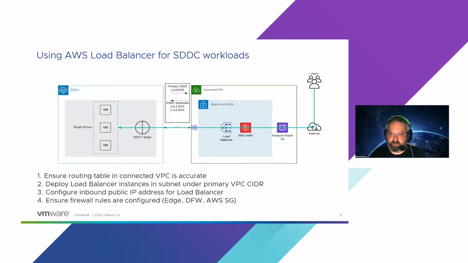So in this example, we have the WAF in front of the load balancer, and then we're using Route 53, which is Amazon's DNS service, which has lots of different functionality. So if you need DNS, you could use that as well. If you had a domain name, you can associate it with the IP address of your load balancer, and then people can access your application from the internet, if you so desire.